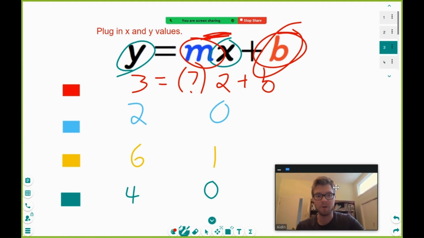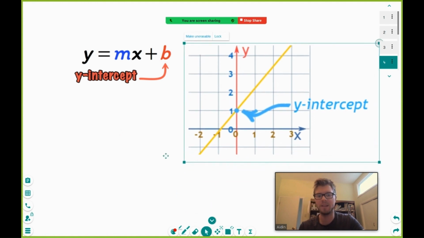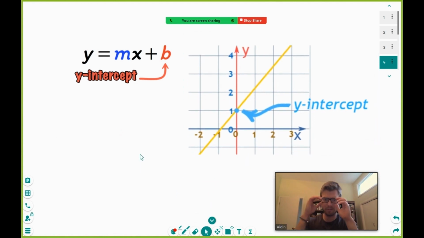So b represents the y-intercept of a line. So all we're doing in this video is we have a line, we have a point on that line, we can take the values from that point, plug it into this equation, and that's it.